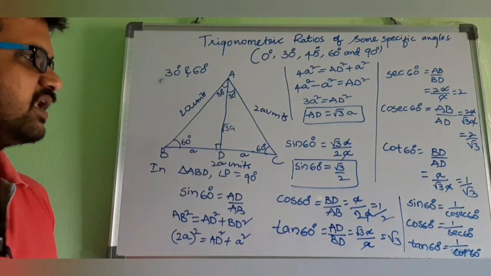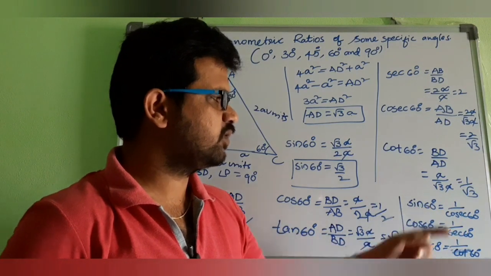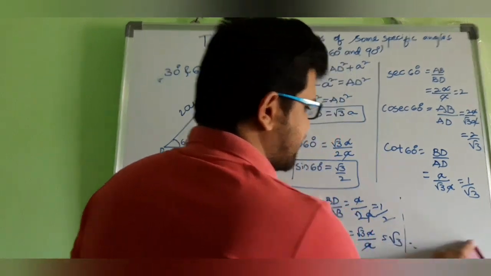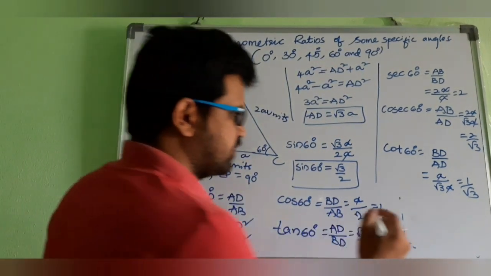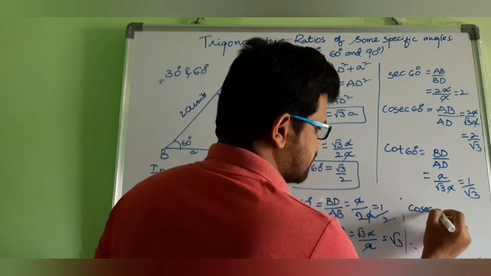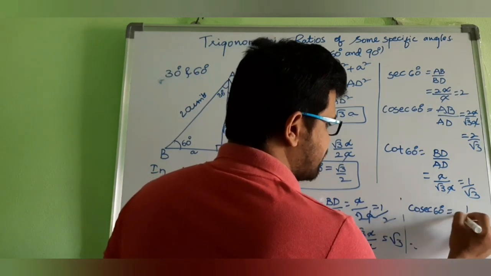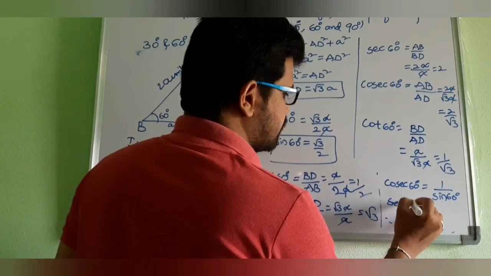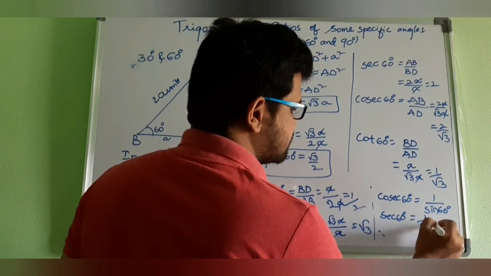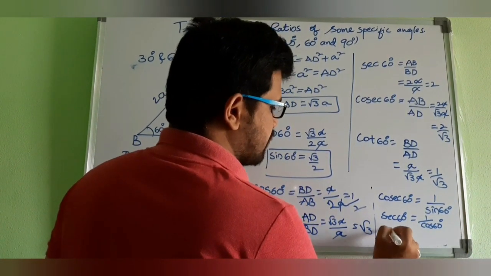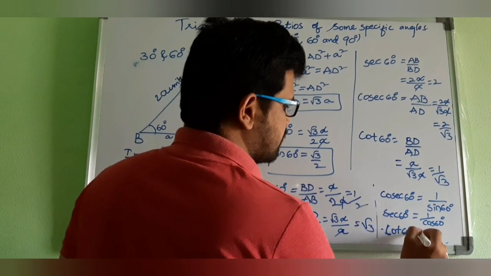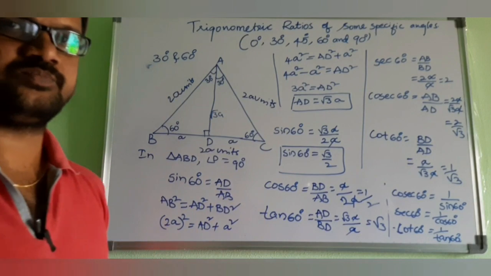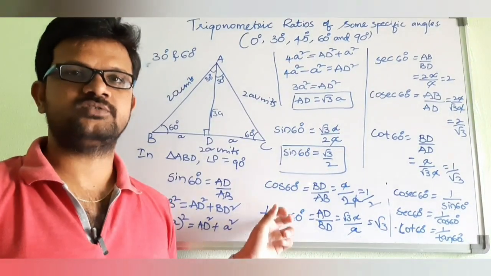Similarly, cosec 60 degrees is equal to 1 by sine 60 degrees. Secant 60 degrees is equal to 1 by cos 60 degrees. Cot 60 degrees is equal to 1 by tan 60 degrees. Reciprocal. Okay. Note down this.